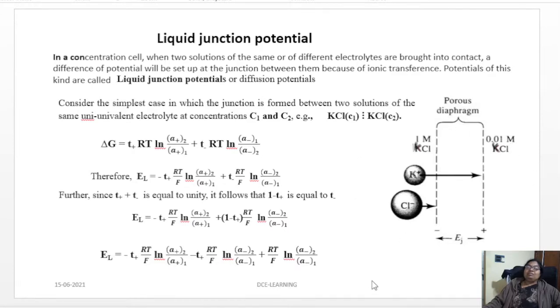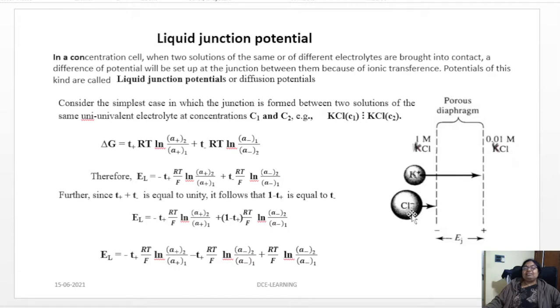Therefore, the EMF of the whole cell depends only on the difference in electrode potentials. If electricity is passed through the cell, it equals the transference of K plus or Cl minus ions from one side to the other.